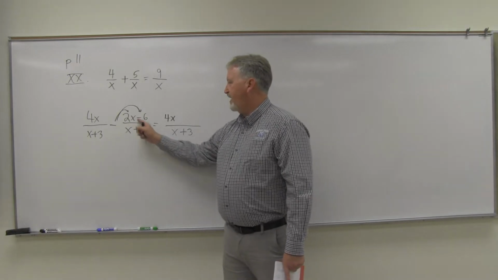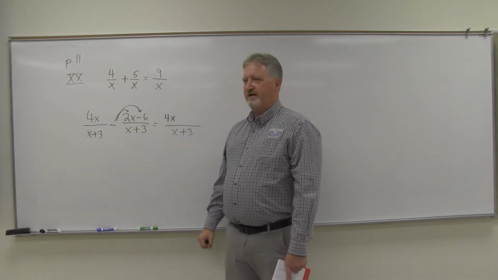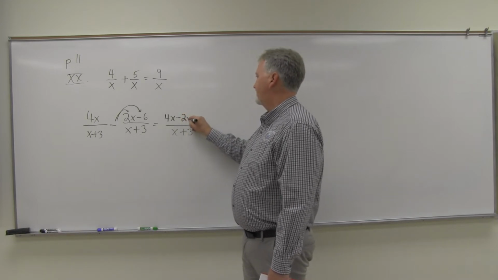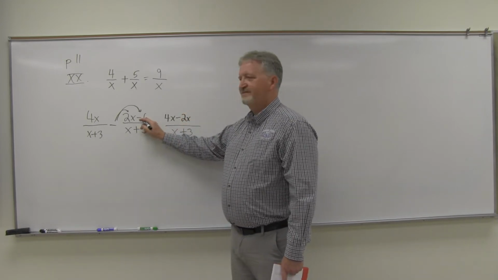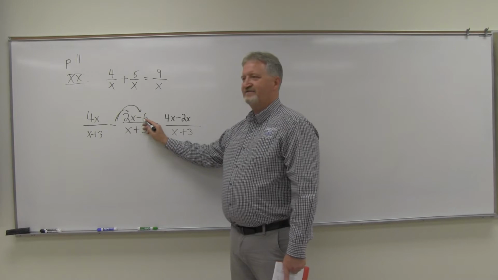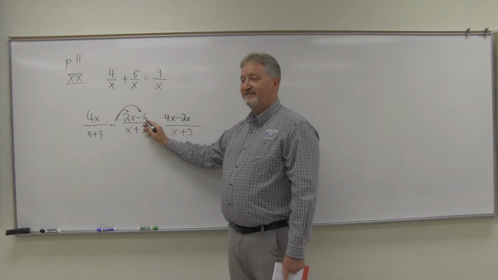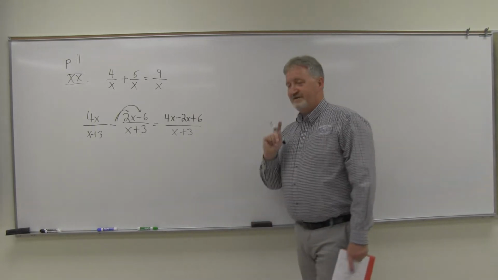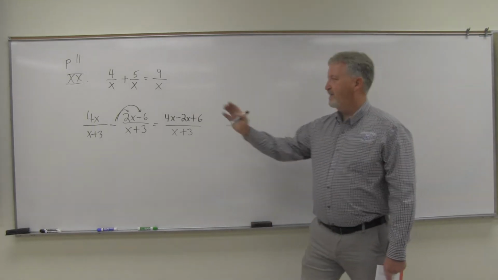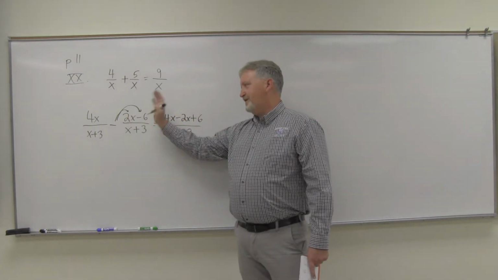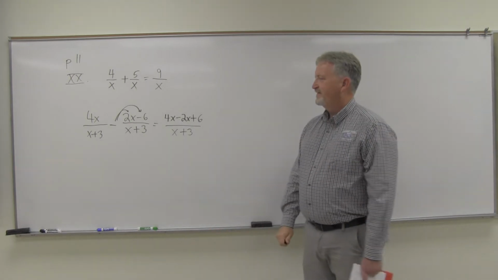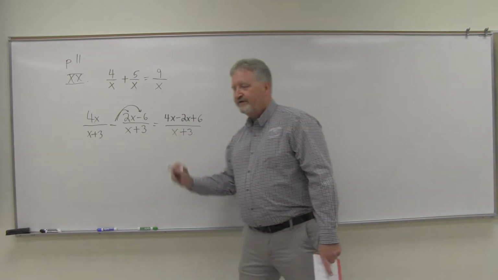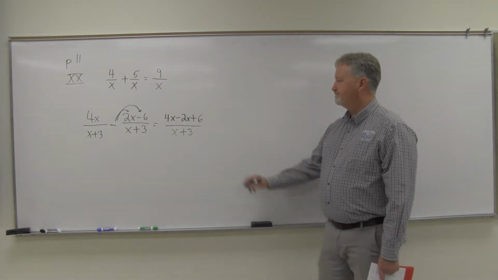So when I subtract these, it's not minus 2x minus 6, it is minus 2x, but what about the 6? Minus times a minus gives us plus 6. See that? So that's the first thing. When you subtract like that and you've got these binomials, if it was just 2x, that's obvious, but you've got to distribute that -1.